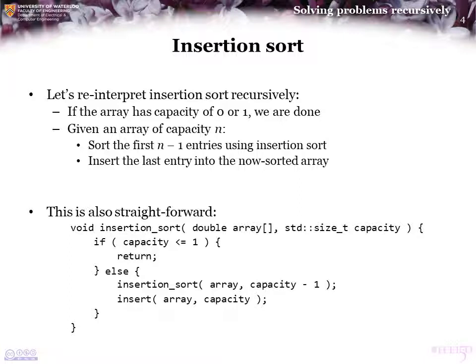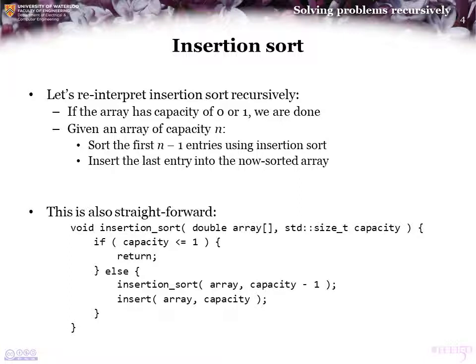But an array of capacity 1 is already sorted, so it returns back to the call when the second argument was 2.